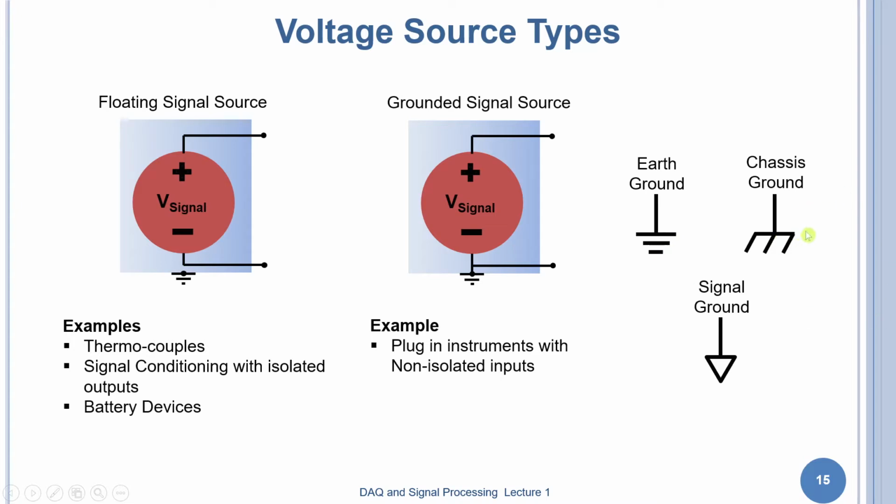Chassis ground is defined as your system or your instrument being connected to your chassis, which could be further connected to earth ground. And sometimes your printed circuit board or electronics within itself can have a common reference, which is referred to as a signal ground.